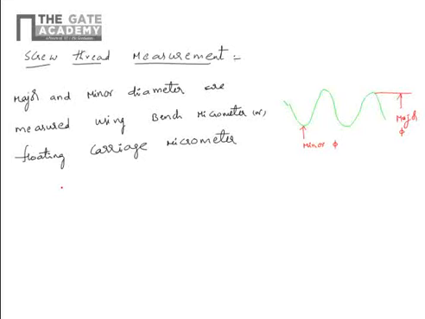Pitch of the screw thread is measured by using a screw pitch gauge, tool maker's microscope, or optical projector. Pitch is the distance between two successive points in a thread.